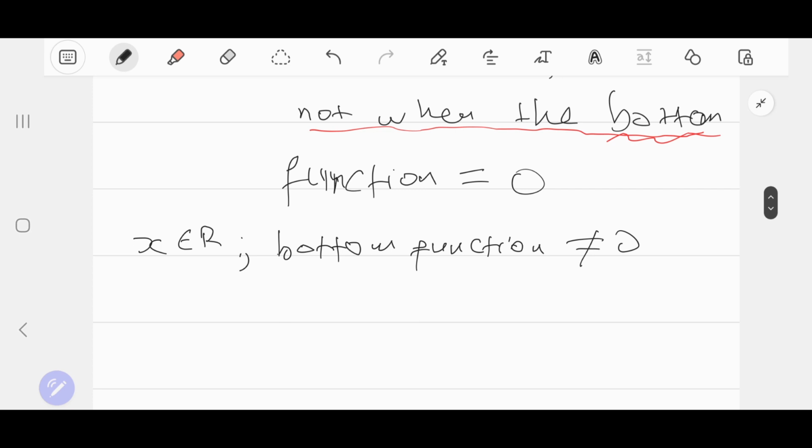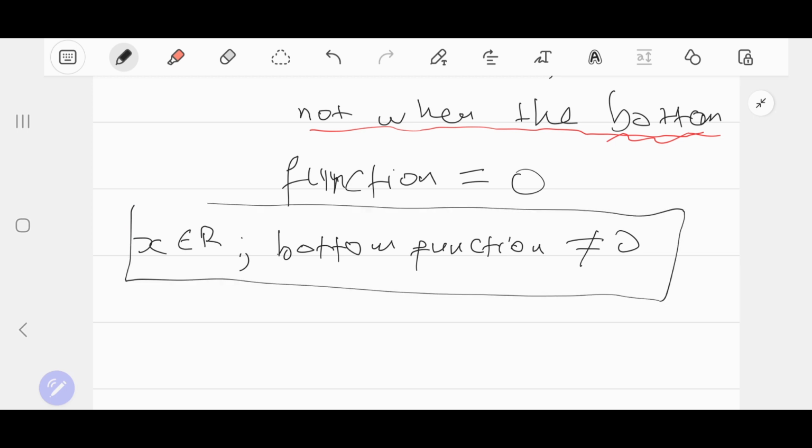So that's how you really write it. X is an element of real numbers, but we exclude where the bottom function is equal to 0. We exclude those points. Meaning we're going to take the bottom function and solve it.